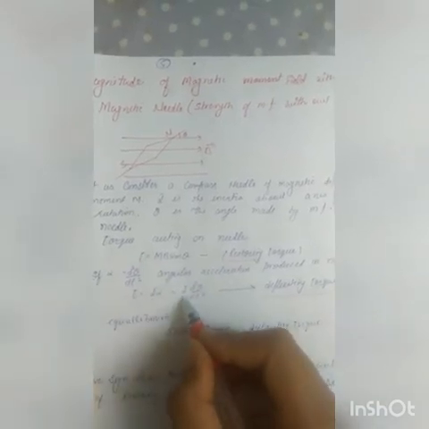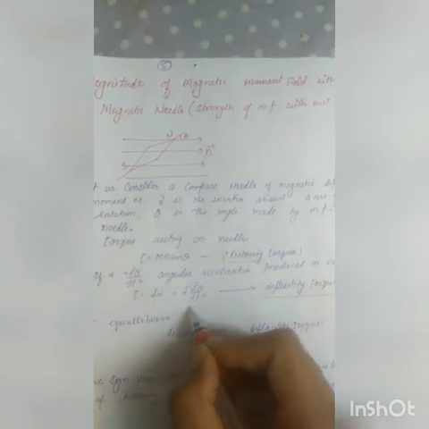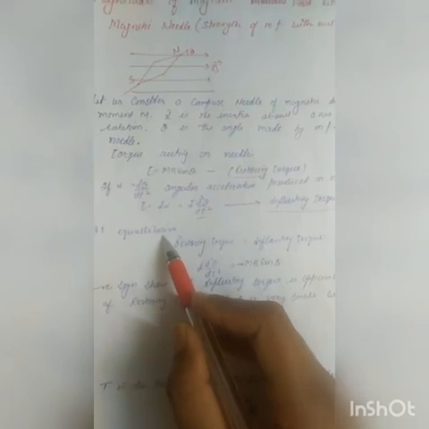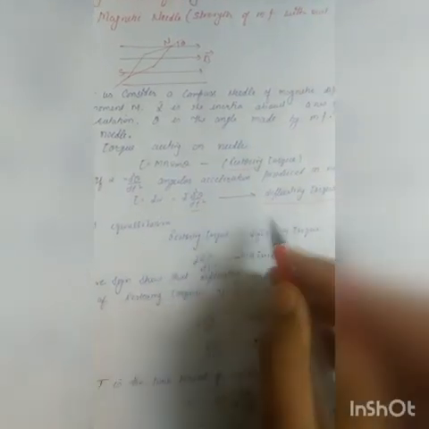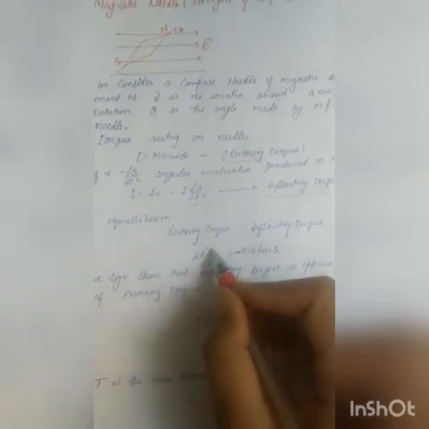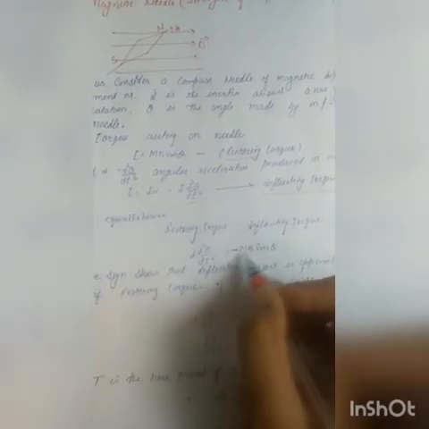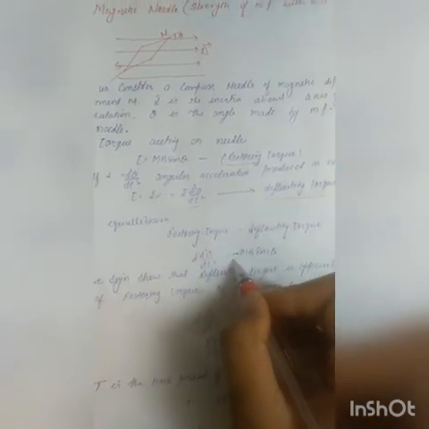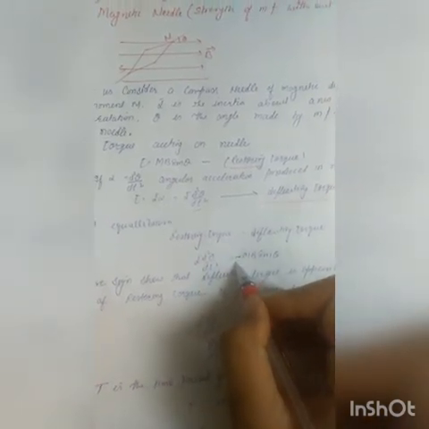So I into del square theta upon dt square is the torque. At equilibrium, the needle stops vibrating when the restoring torque is equal to the deflecting torque.